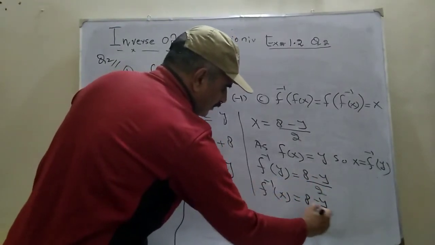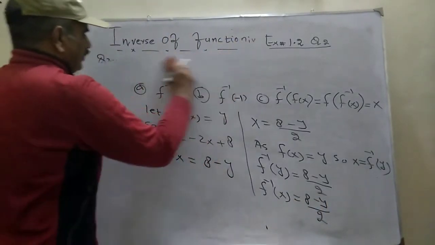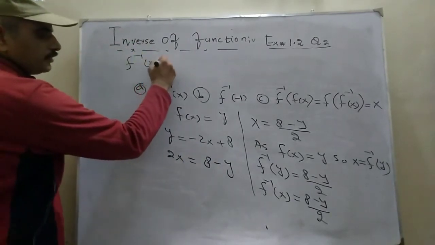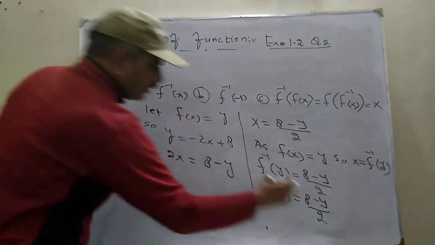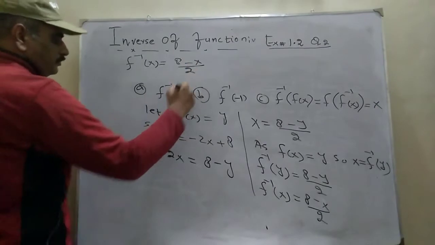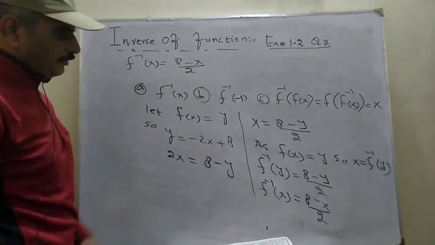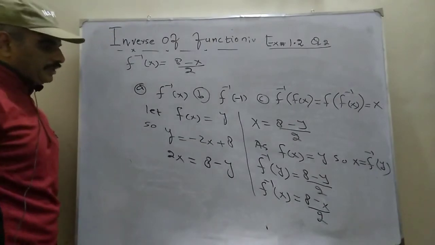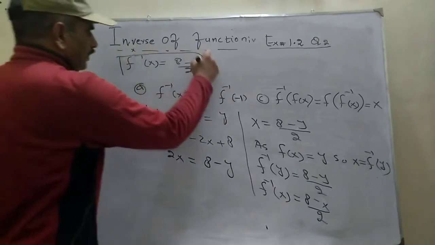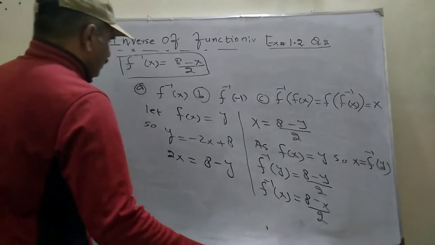So our inverse is f inverse of x equal to (8 minus x) by 2. Just convert the independent variable into the dependent variable and the dependent variable into the independent variable in order to find the inverse of the function. Here is our first part, the inverse of the function, (8 minus x) by 2. It is our first part.